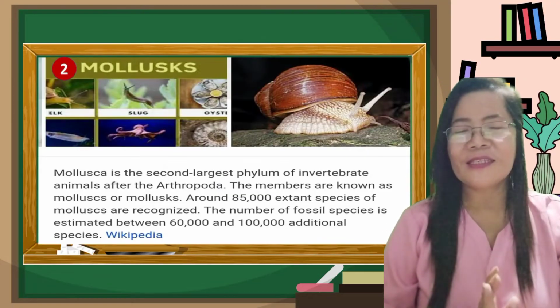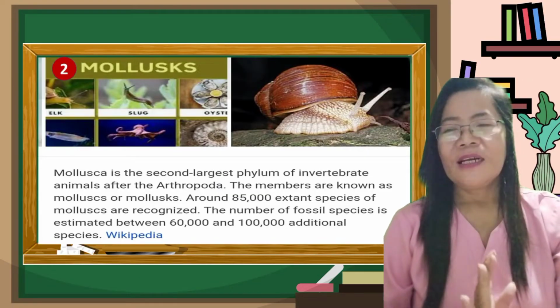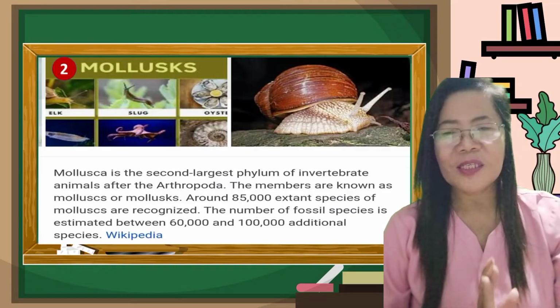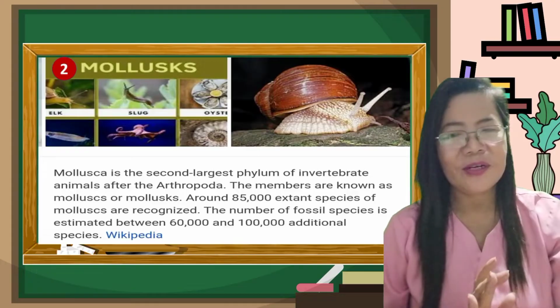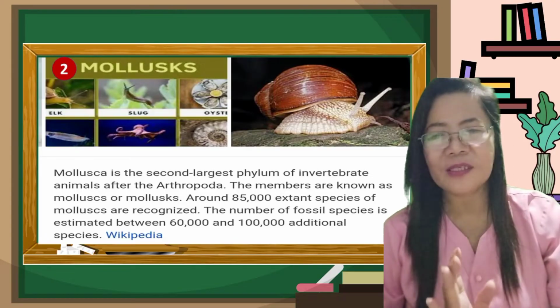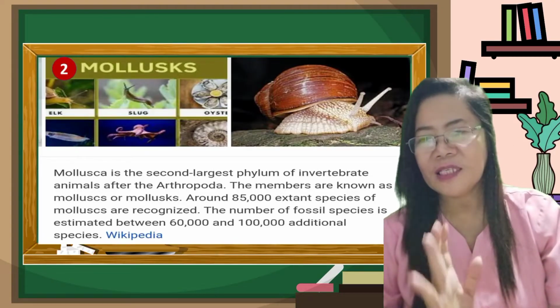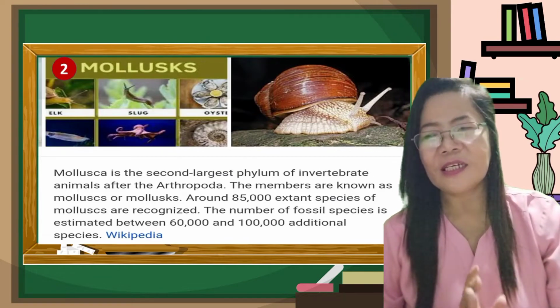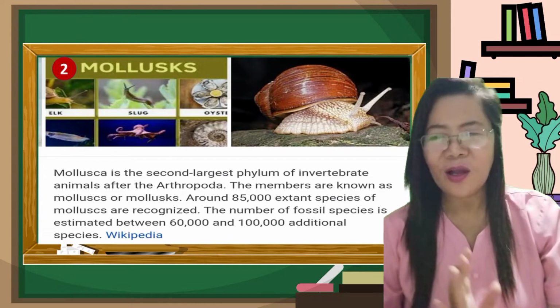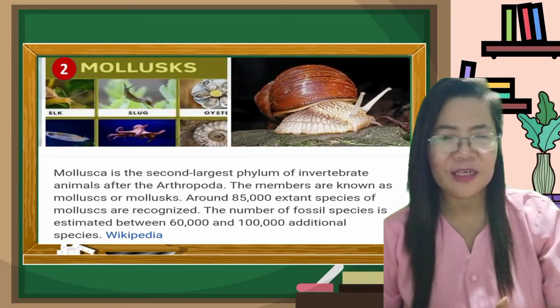Around 85,000 extant species of mollusks are recognized. The number of fossil species is estimated between 60,000 and 100,000 additional species, according to Wikipedia.